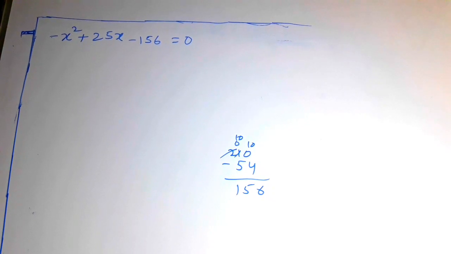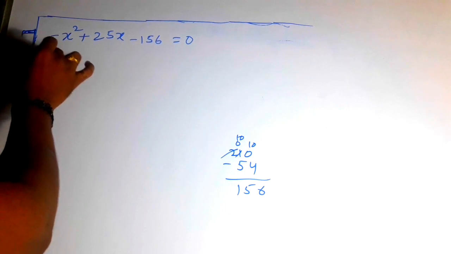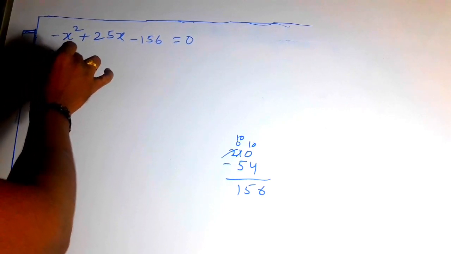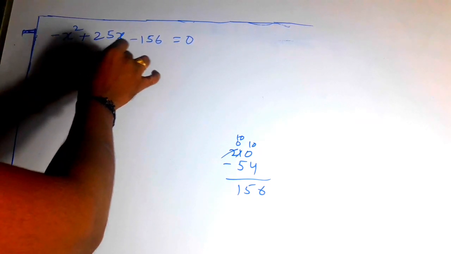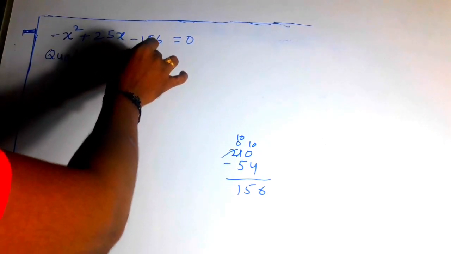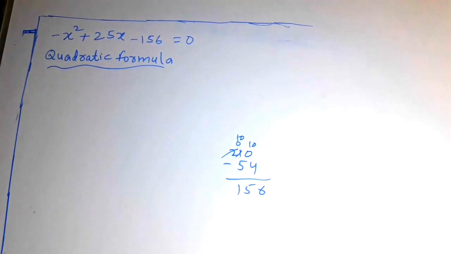So now we have to find the roots. So for that, what you have to do? Apply the quadratic formula here. The best method to find the roots is the quadratic formula method.